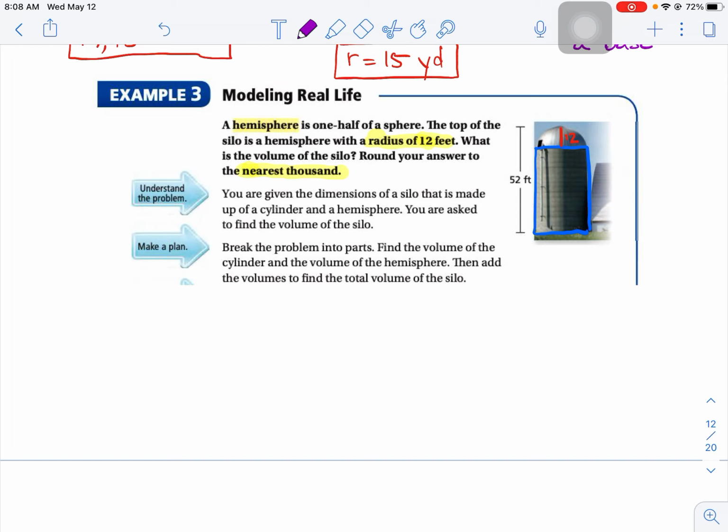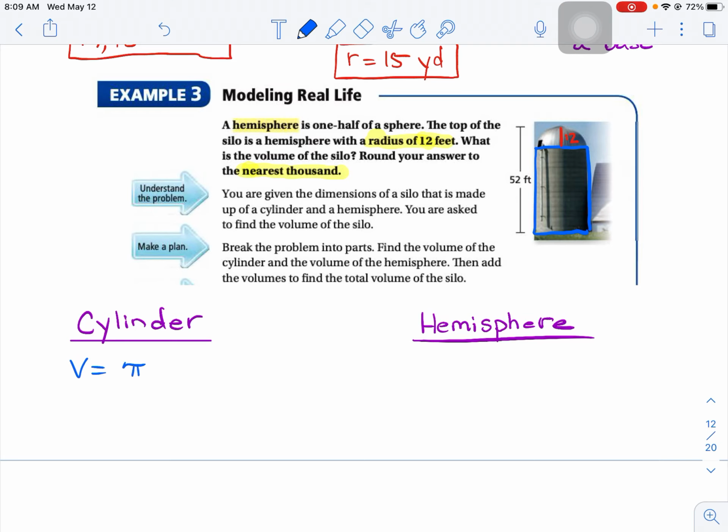All right, so we have 2 shapes here. I have a cylinder, and I have a hemisphere. If I find my cylinder, I know my formula for a cylinder is the area of the base times the height, which is pi r squared h.